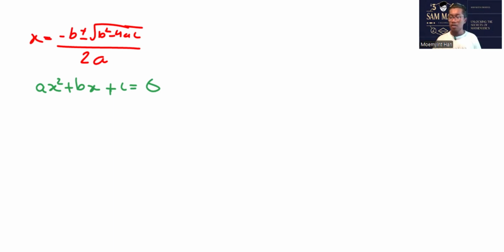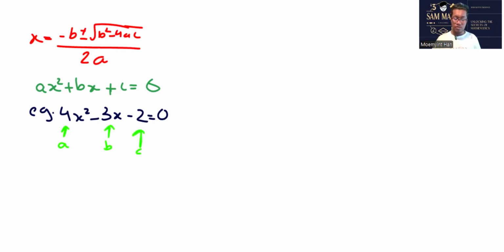Okay, so I'm going to use an equation as an example. The equation is 4x squared minus 3x minus 2 equals 0. So this is a, this is b, and this is c.